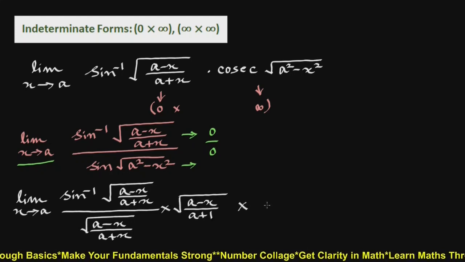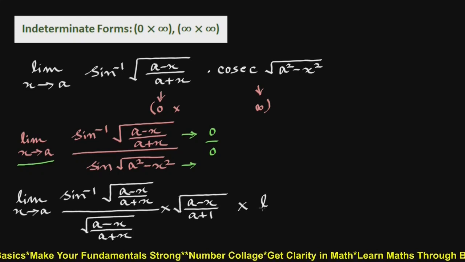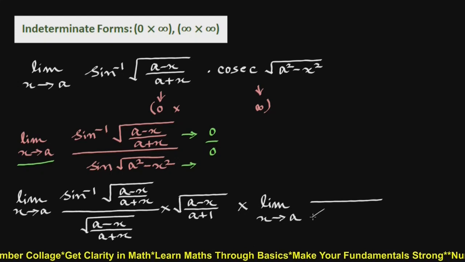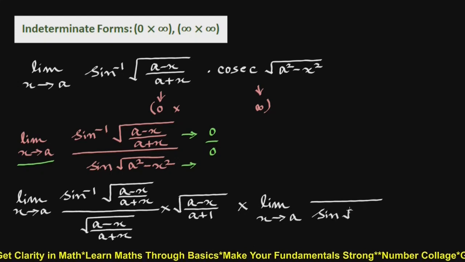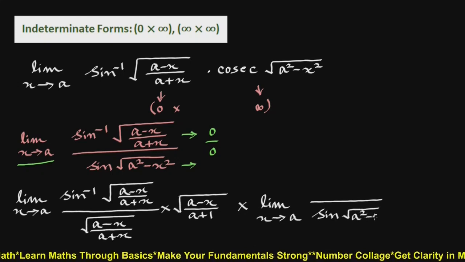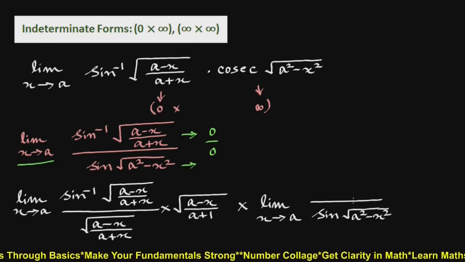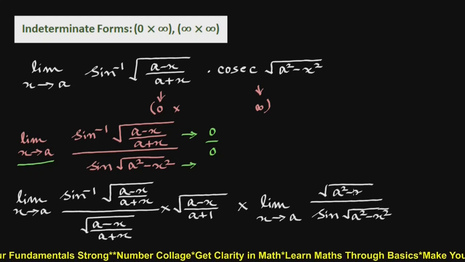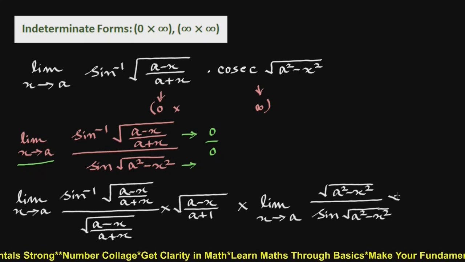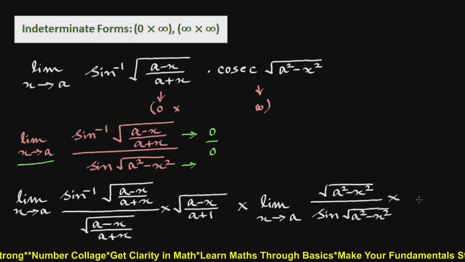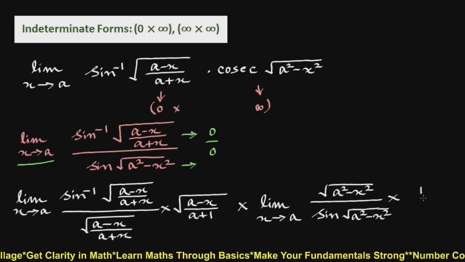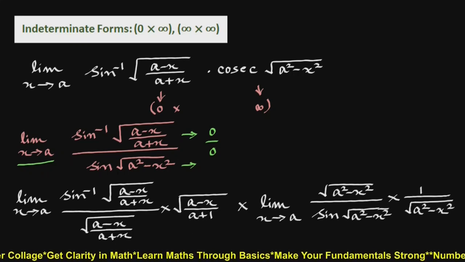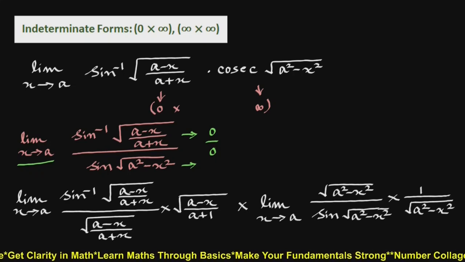Multiplied by, for the denominator, the limit as x tends to a of, the denominator is sine of square root of a square minus x square. We write the same angle, square root of a square minus x square, in the numerator, and we will cancel this by multiplying by 1 upon square root of a square minus x square. So we have done these adjustments which are correct.